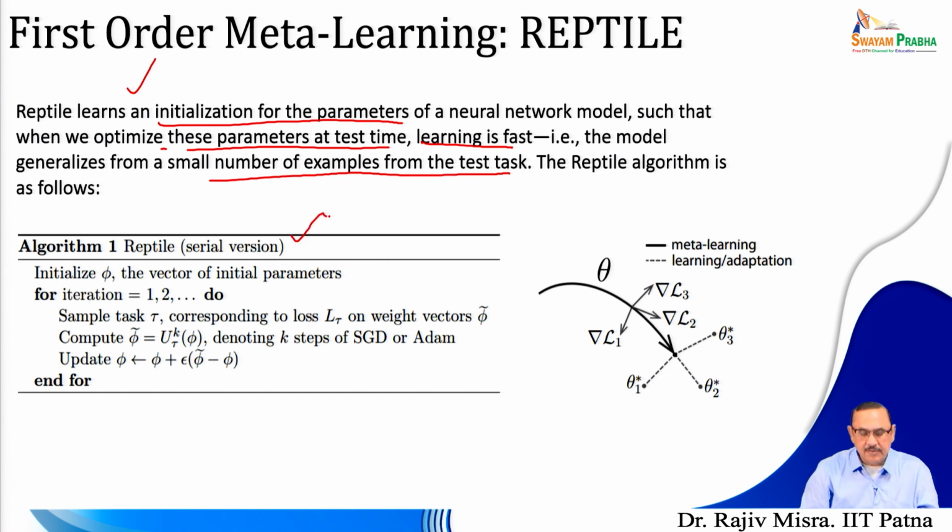Here you can see that it will go on initializing with phi, the initial parameters, and then it will go on this particular iteration to update it. Here you can see that there is a sample of a task, and corresponding to a loss function on the weight vectors, and then compute this update function denoting the k steps of gradient descent method or Adam optimizer.